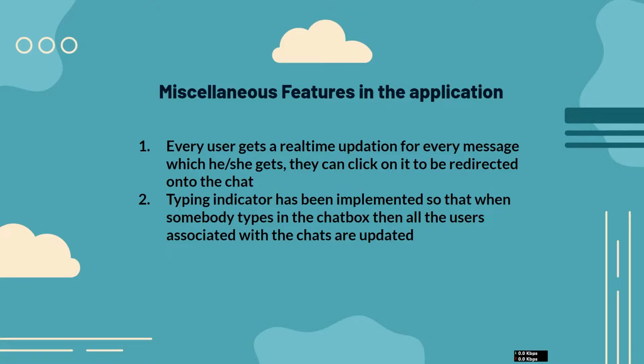If he clicks on that, he gets to know which chats have unread messages, and he can click on one and go to the chat which he has not read yet. And there is a typing indicator which, as I said, is implemented using socket.io.